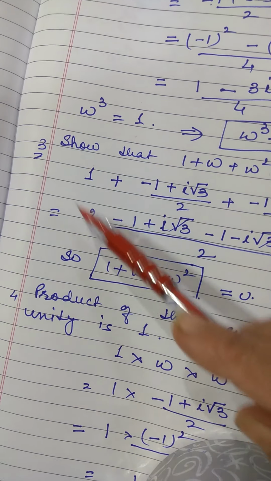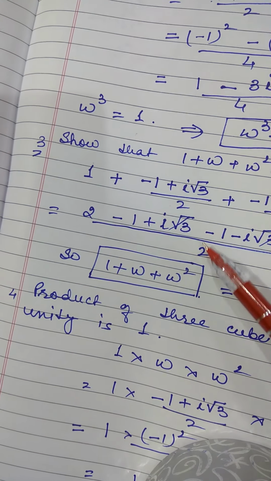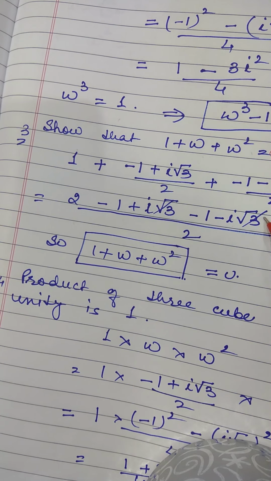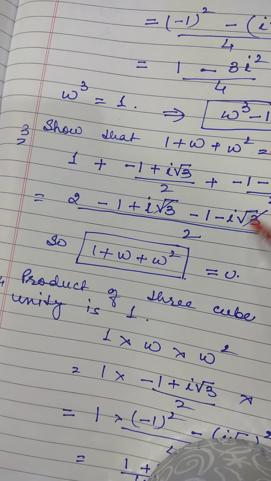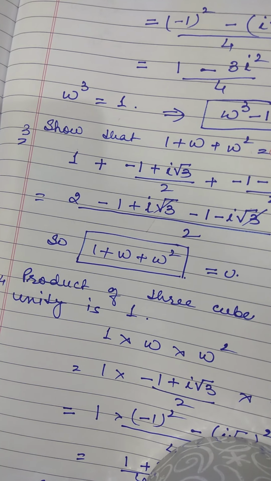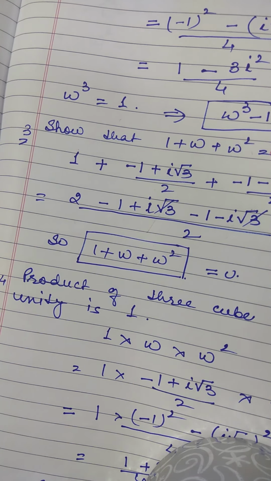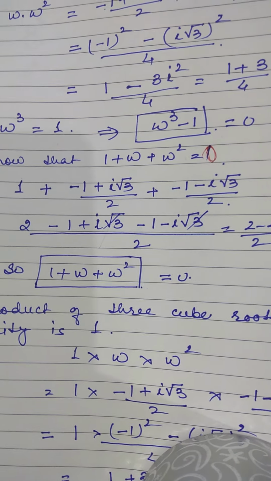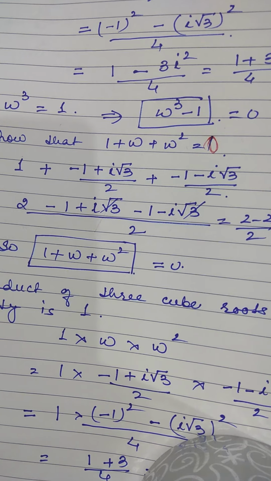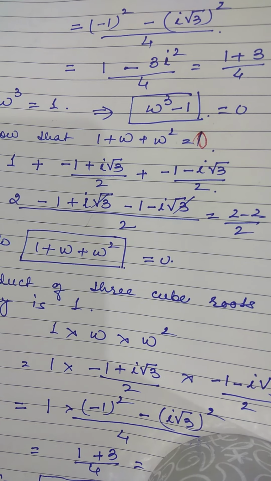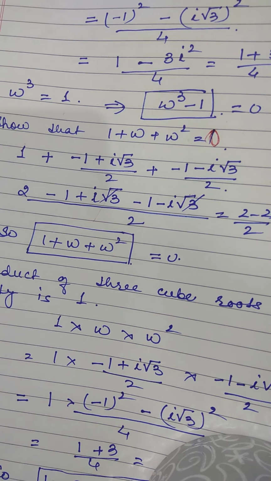So the LCM is 2: 2 minus 1 plus iota root 3 minus 1 minus iota root 3. So this is cancelled. 2 minus 2 upon 2 is 0. So the sum of the 3 cube roots of unity is 0.